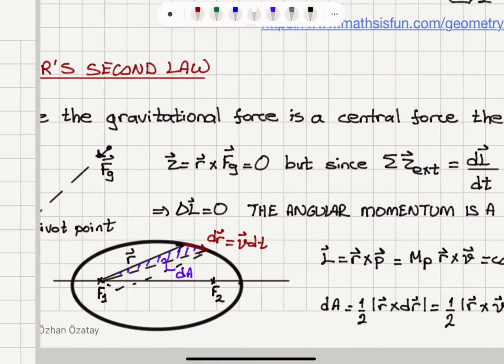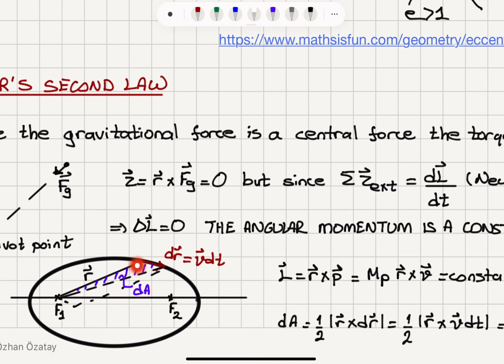So if I look at the radial position vector of this object in the elliptical orbit about the Sun at focus point 1, let's say, and I look at the change in the position vector for a time interval dt, v dt will be the displacement vector on the elliptical orbit. And the area spanned by the r vector here would be called dA.